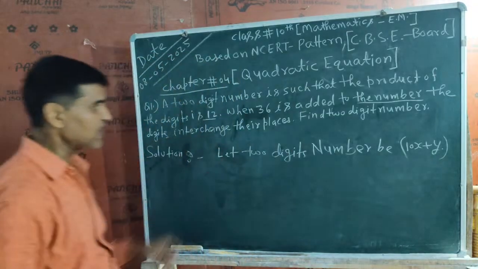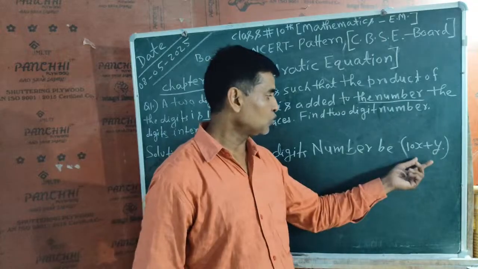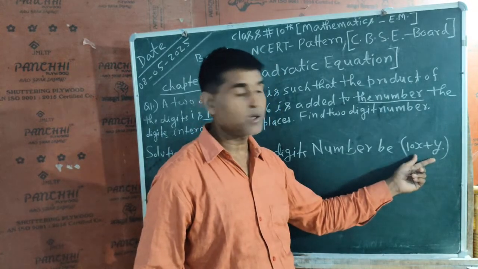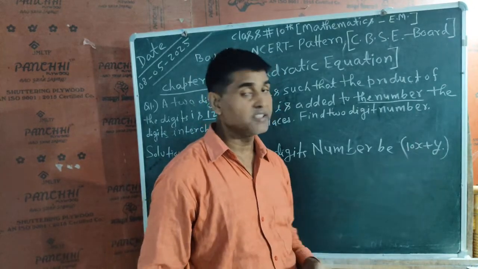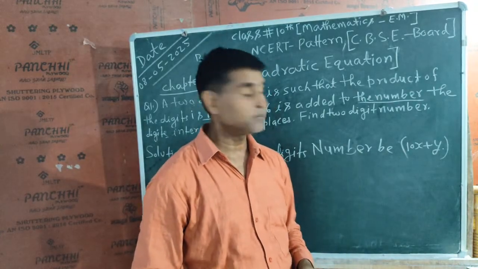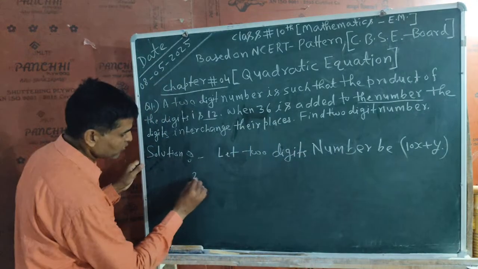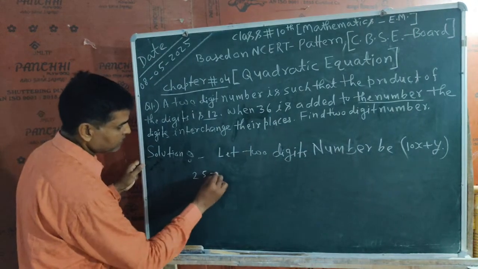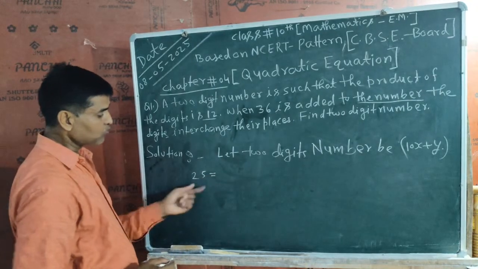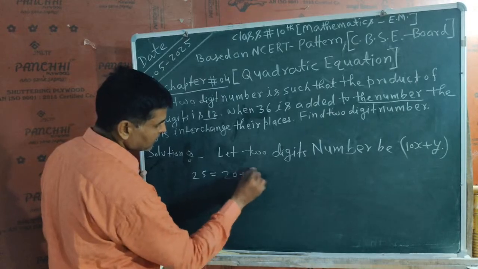Okay student, I am going to explain how I am considering any 2-digit number to be written in this form, 10x plus y. For example, I am taking 25. 25 I can write as 20 plus 5.